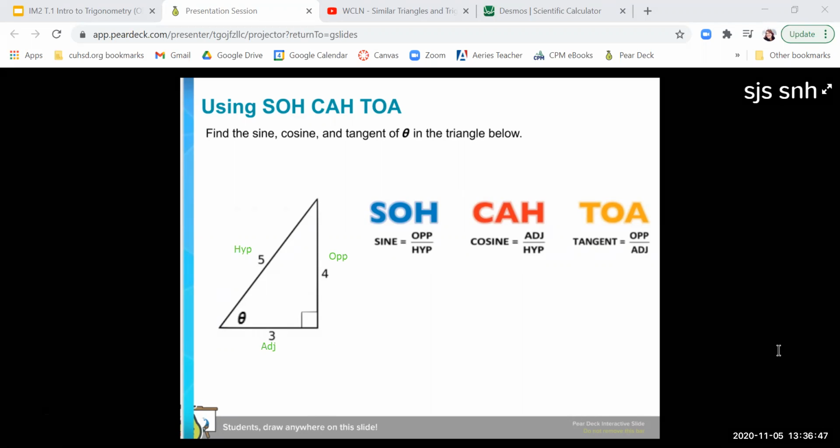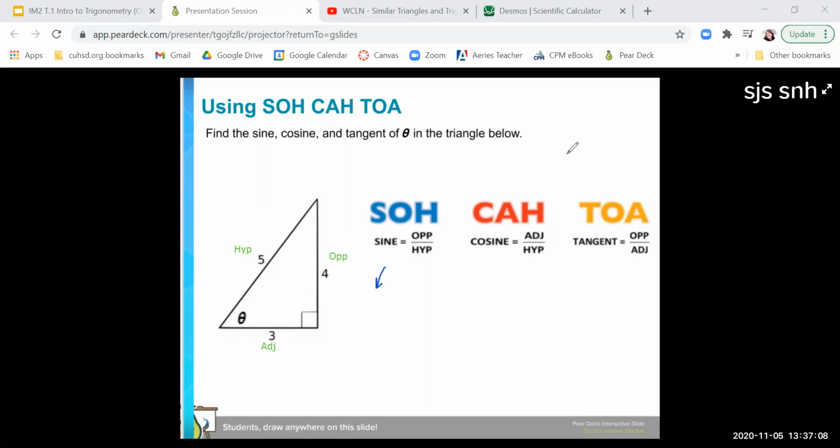Now that I've had those sides labeled, I have everything I need to fill in my equation. So I'm going to start with blue, and we'll do the sine. So in the sine equation, this is really important, the structure of this.